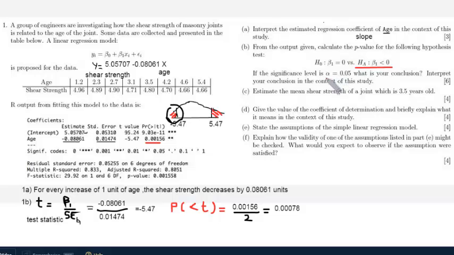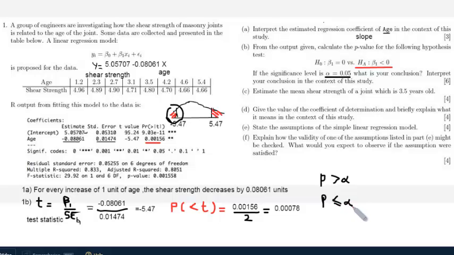The next pertinent question raised is, if alpha is 0.05, what is your conclusion? Our conclusion will depend on whether p is greater than alpha or p is less than or equal to alpha.